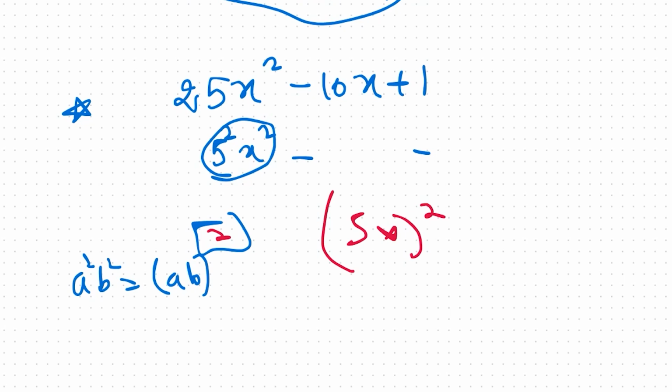Okay, and focus on the last term. What is it? 1. 1 is a perfect square also. So 1 is 1 square. Now the tricky part comes when you need to identify the middle term.